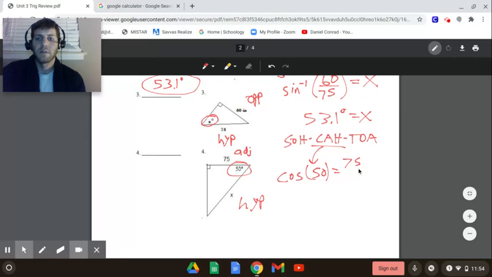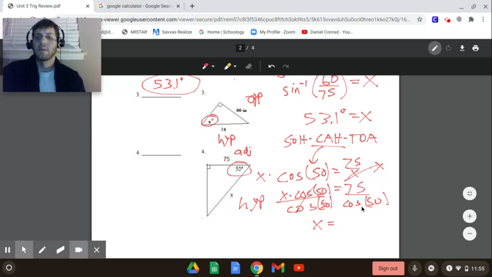over x. All right, solve for x, so we're going to multiply both sides by x. So we have x times cosine 50 equals 75. We divide both sides by cosine of 50. All right, and we get x equals 75 divided by cosine of 50.